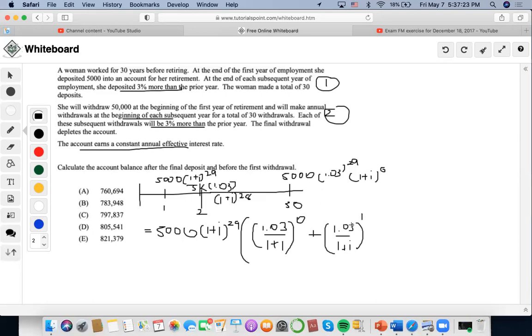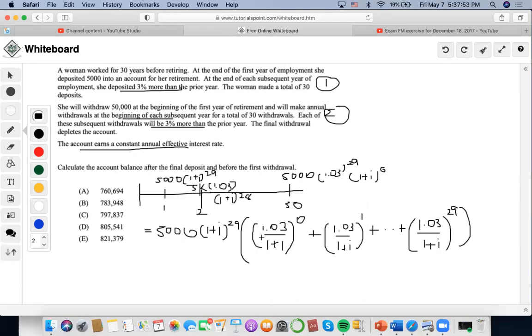So we would multiply this and divide this, so this would go down to 28. This sequence would continue until the last term becomes 1.03 over 1 plus i, right, to the 29th power. So this is the geometric series, the sum of the geometric series that we need to solve.